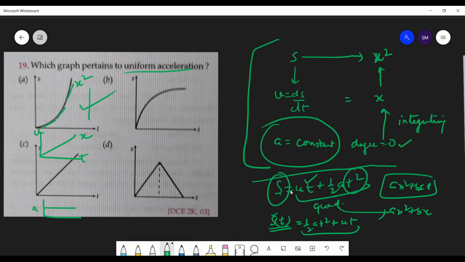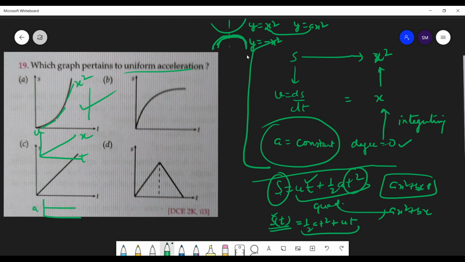Agreed? And you know that parabola, we have upward parabola, we have downward parabola, right? This is the equation of y is equals to x square, or y is equals to ax square. If a is positive, then you will get this graph, and if a is negative, so this is the graph of y is equals to minus x square, so you will get this downward graph.